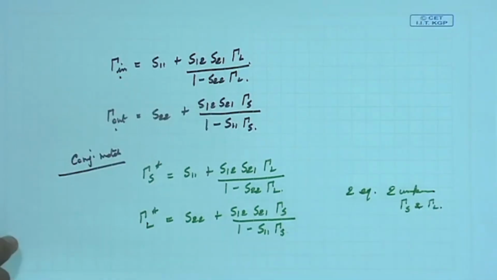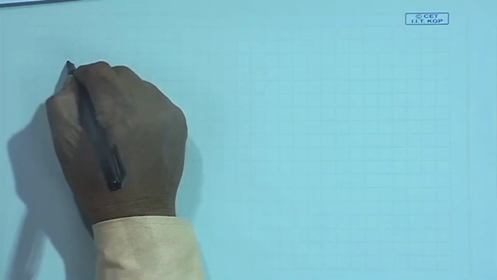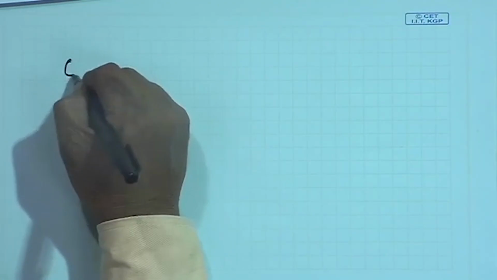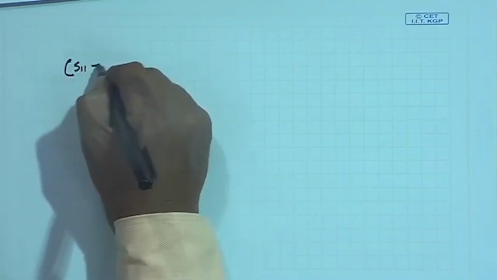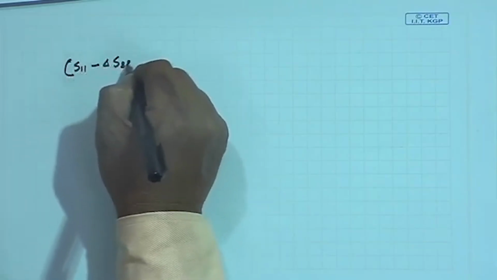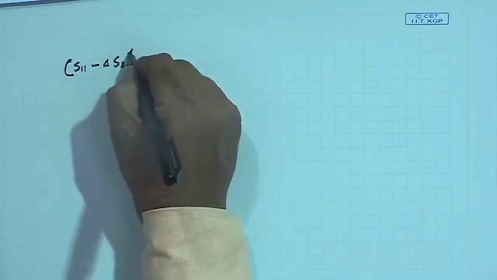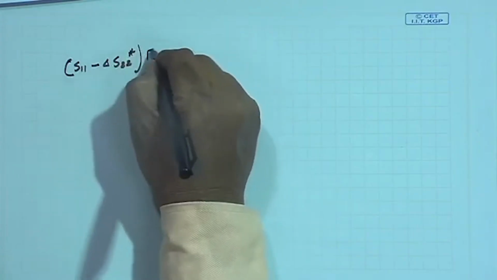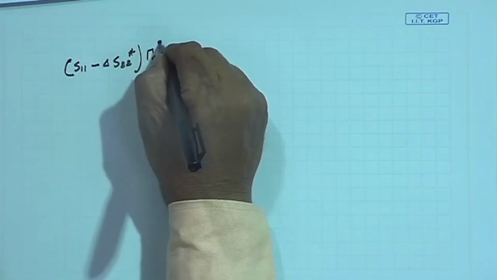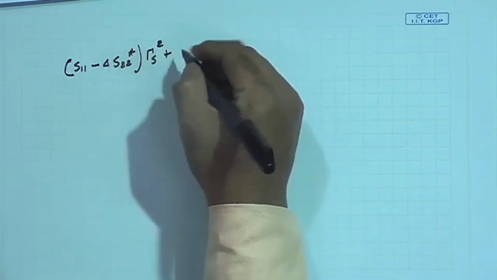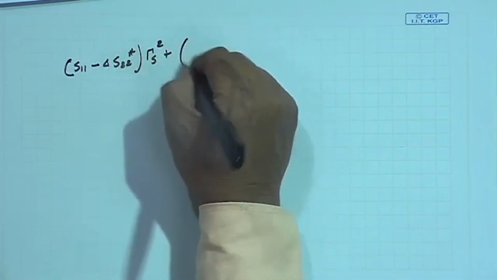Let us solve first for gamma S. From this equation, if I solve for gamma S, then gamma S becomes something like this. It is just simple manipulation, but obviously complex number manipulation, so that part you need to take care of, but otherwise it is trivial.